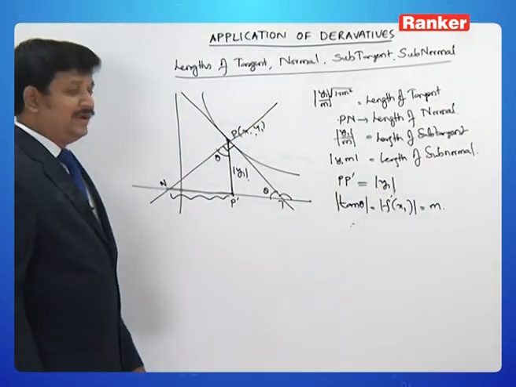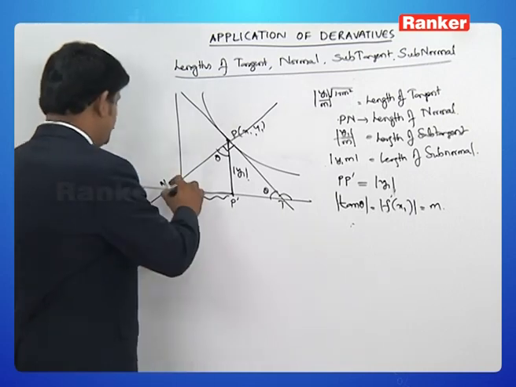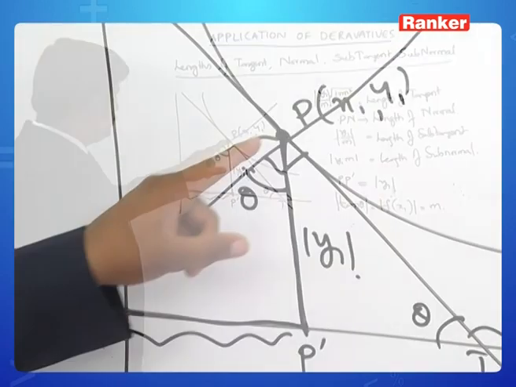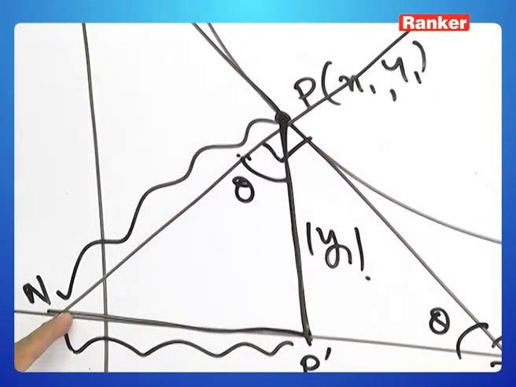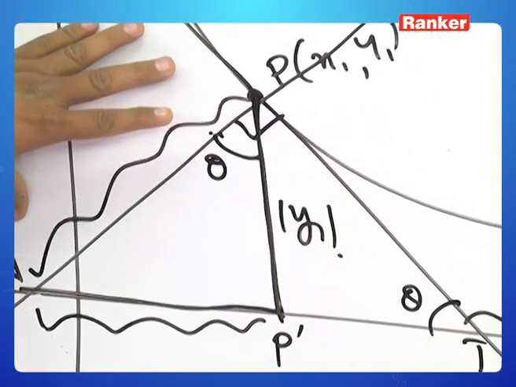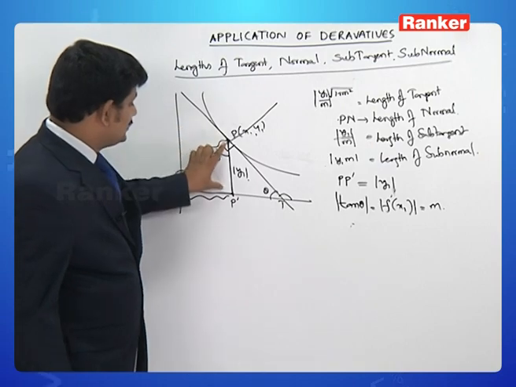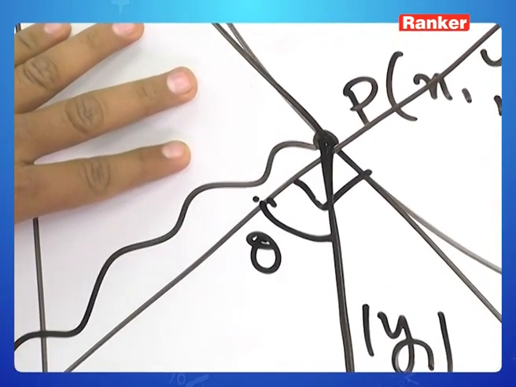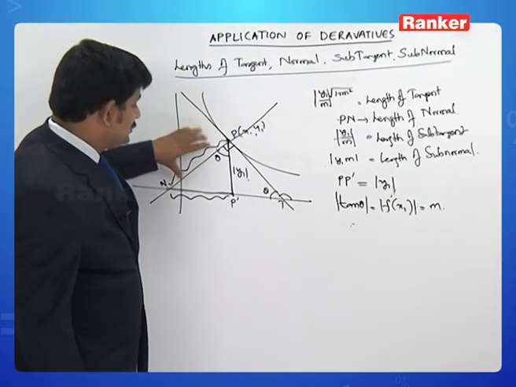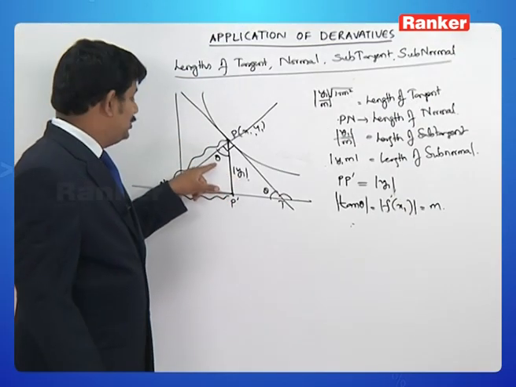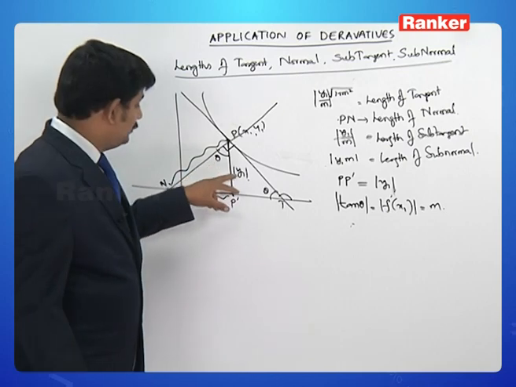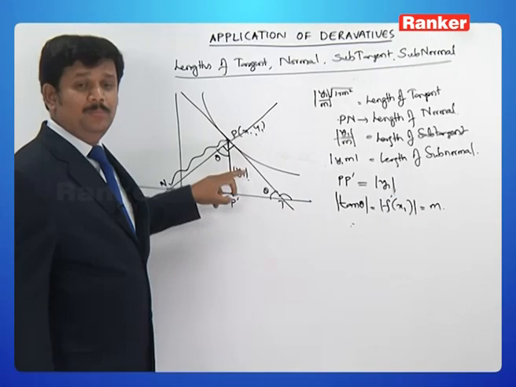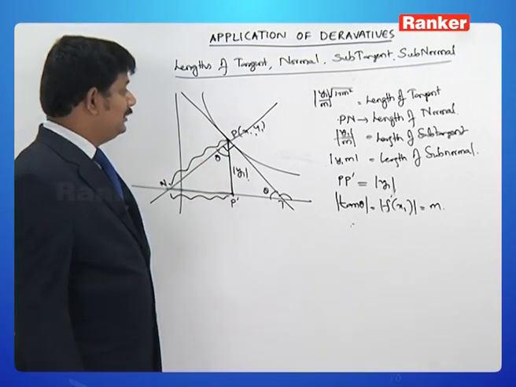Now we are left with finding the length of the normal. Length of the normal is PN. Observe the triangle P'PN. It's a right angle triangle and PN is the hypotenuse. So adjacent side is mod y1, and the hypotenuse is what we have to find. Hypotenuse is given by mod y1 divided by cos theta.